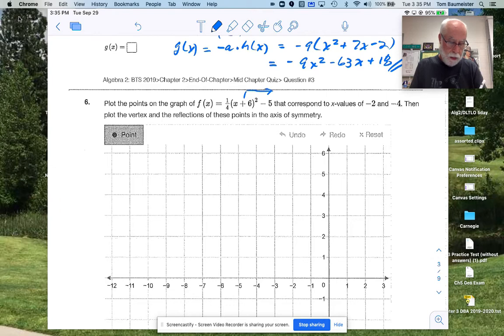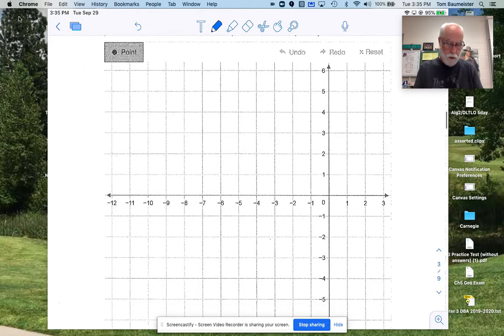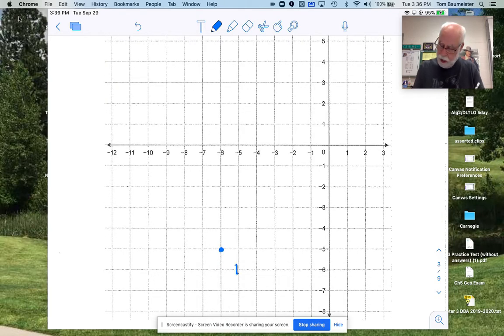So the opposite of plus 6 is negative 6. All right, and remember it's going to be the same of this one here. So our vertex will be at negative 6 and negative 5. So if we go there, we're going to see negative 6 and down 1, 2, 3, 4, 5, negative 5, and that's our vertex. And you can't write this down, they just want you to plot the point there.